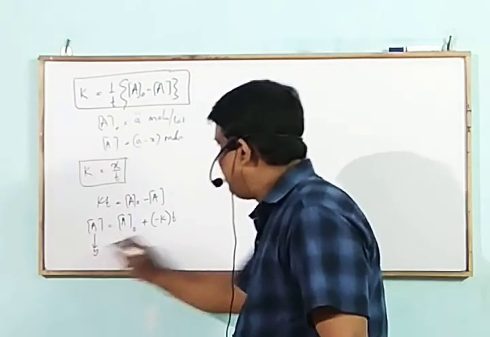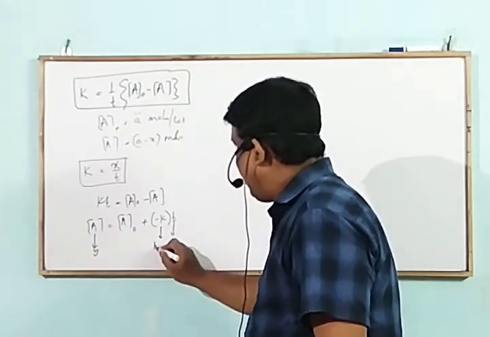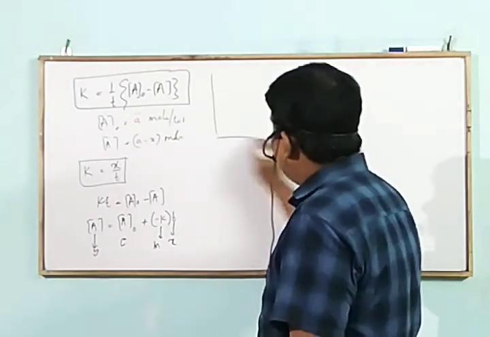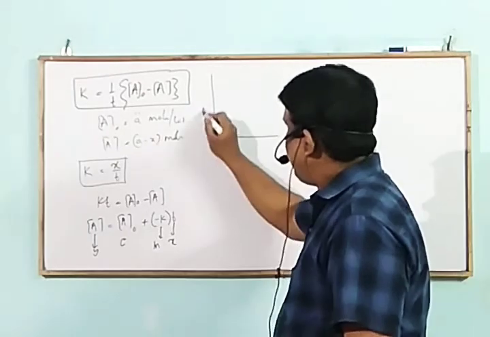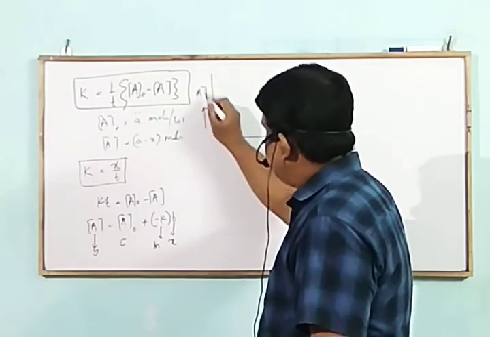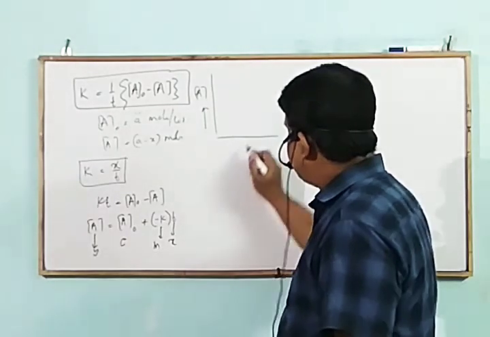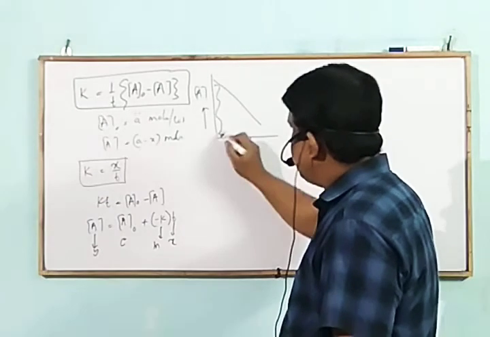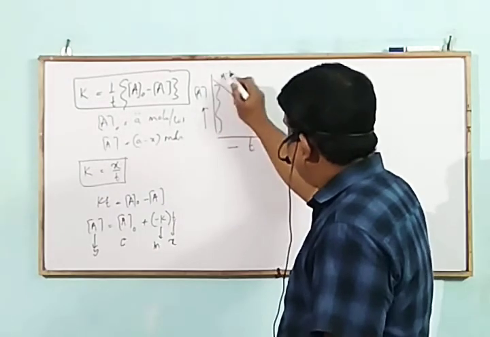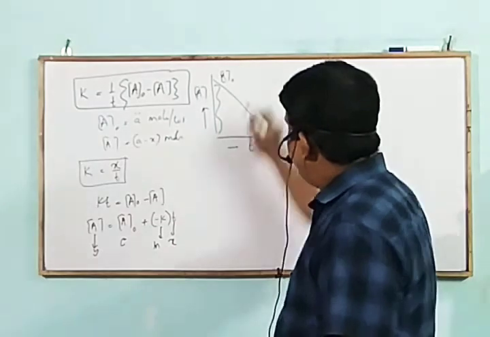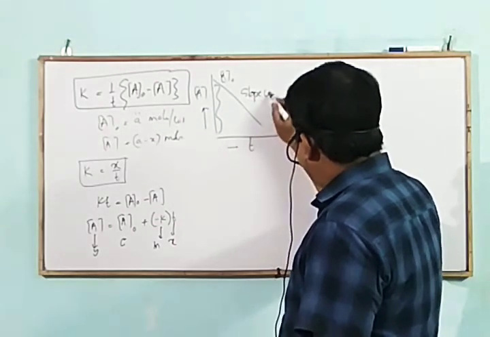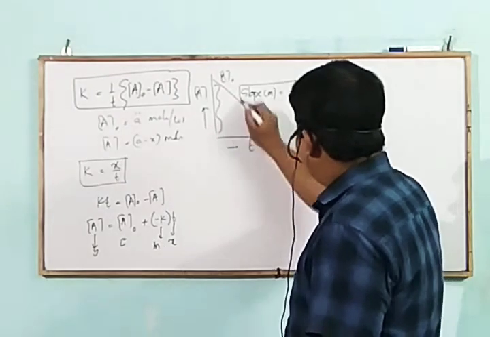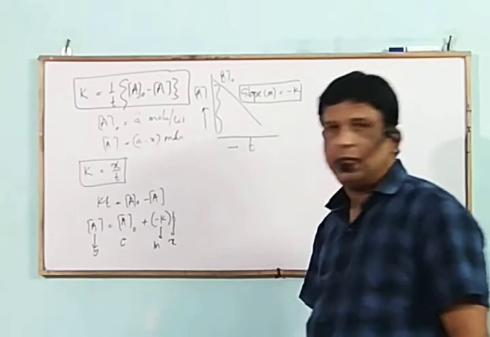This one is y, it is m, it is x, it is c. If we plot a graph of y versus x, that is concentration versus time period, we have a graph like this. This is known as the y-intercept, that is A naught, while the slope m is equal to, what is the slope? Minus k. It is the first graphical representation.